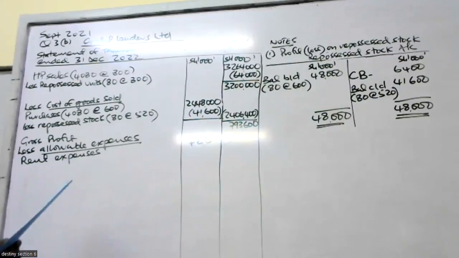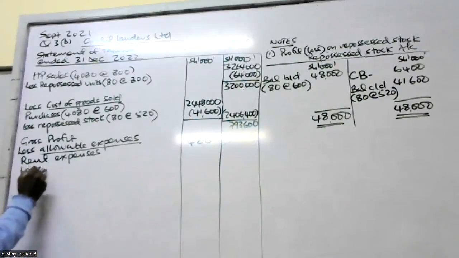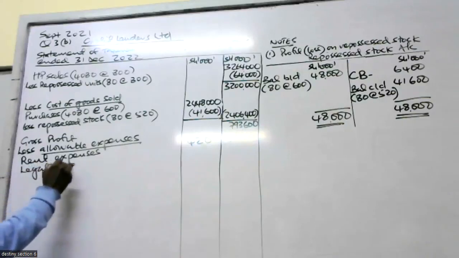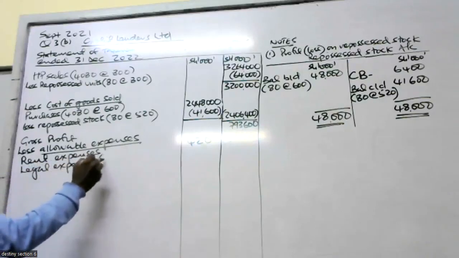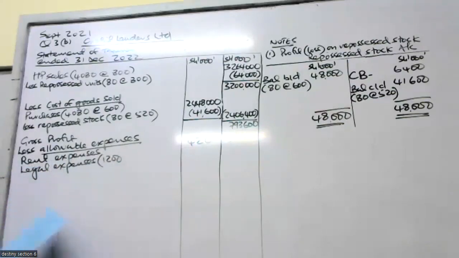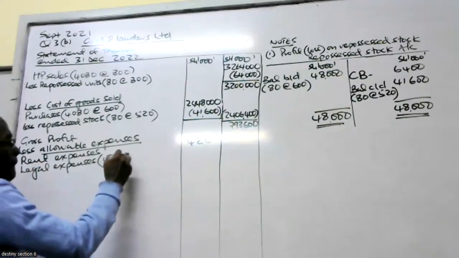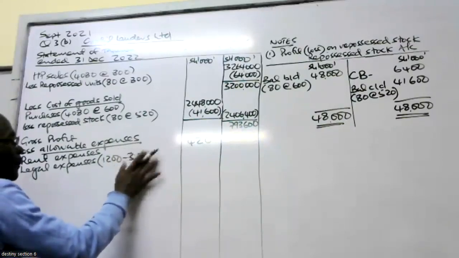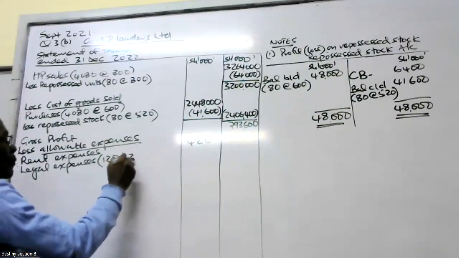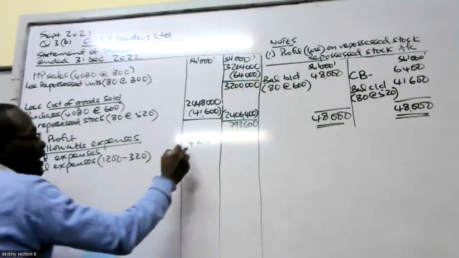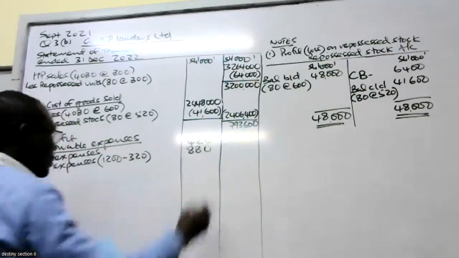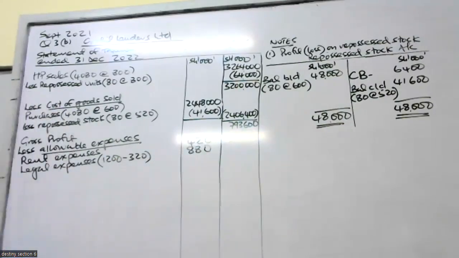So 320 is a penalty, we will disallow that. So legal expenses will have 1.2, but we are going to disallow the 320. So we are left with 880, hopefully. Yes.